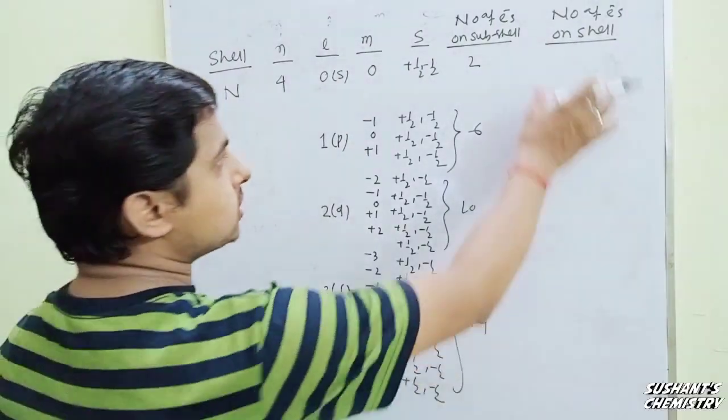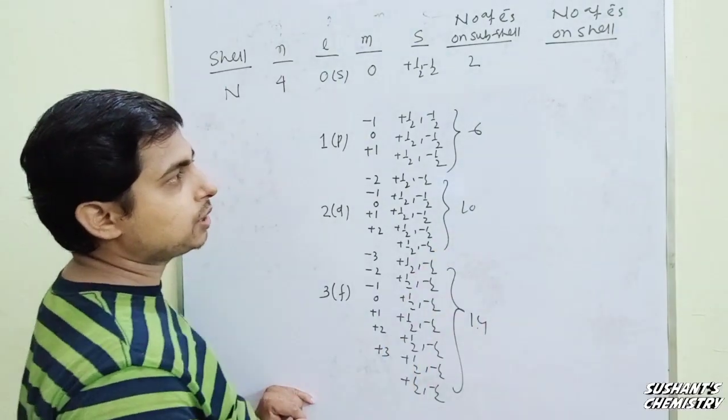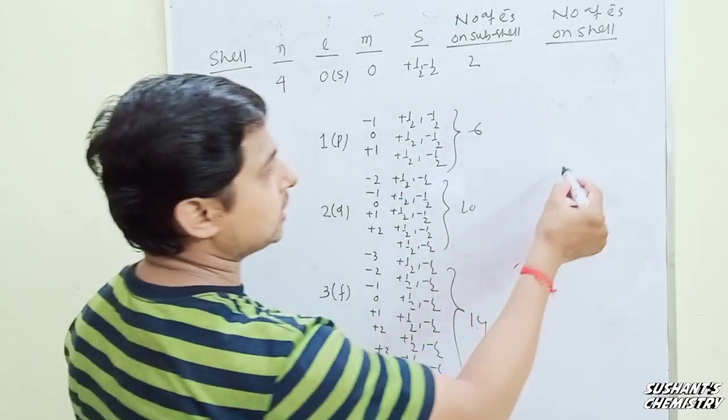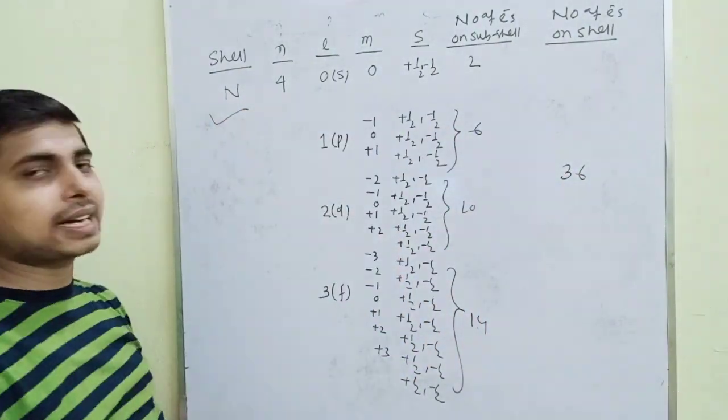Number of electrons in the cell, you count all the electrons: 14 plus 10, 24, plus 6, 30, plus 2, 32. That means the N cell contains a maximum of 32 electrons.